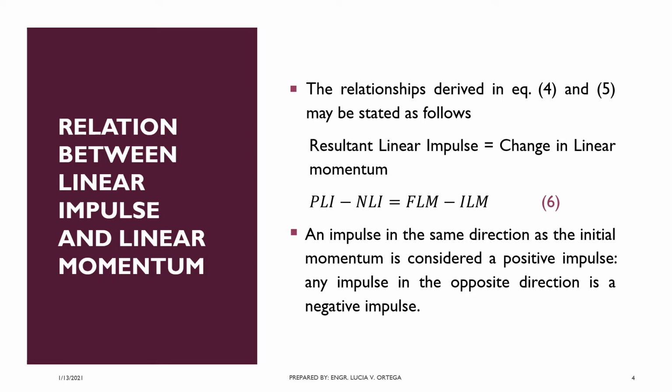So that is equation 6. An impulse in the same direction as the initial momentum is considered a positive impulse. Any impulse in the opposite direction is a negative impulse. Those forces opposing the motion are always negative, and those in the direction of the motion are considered positive.